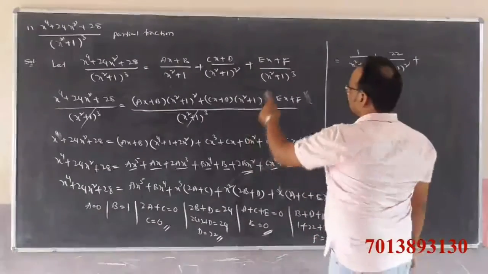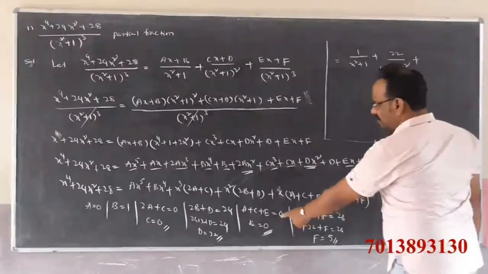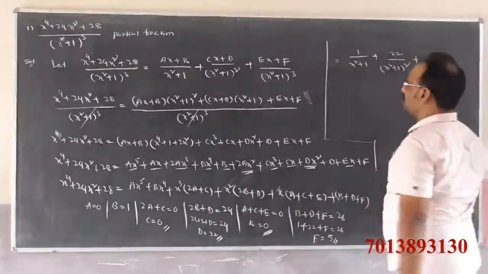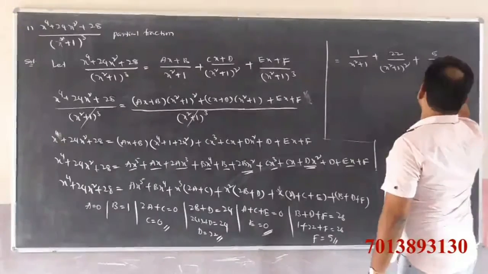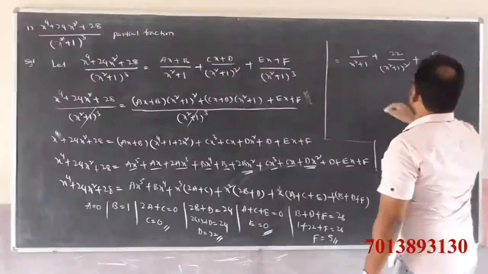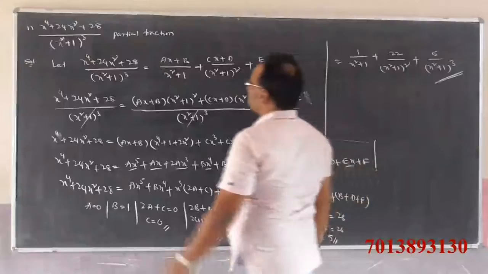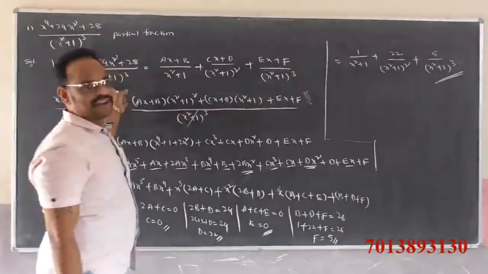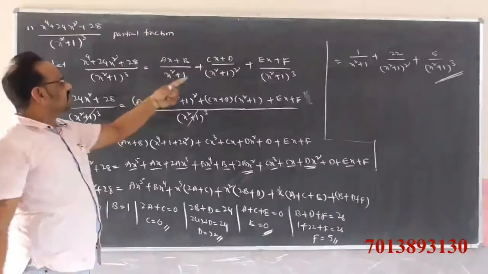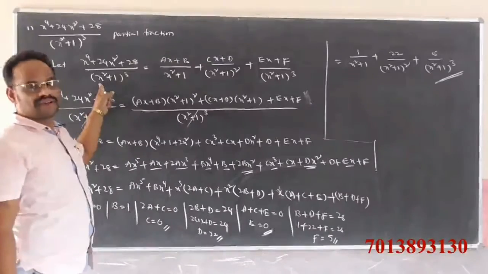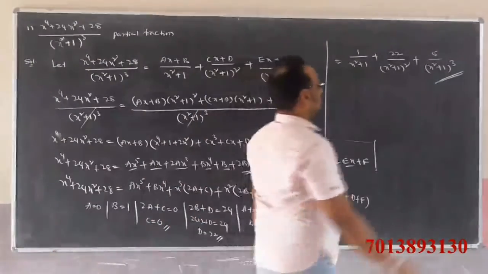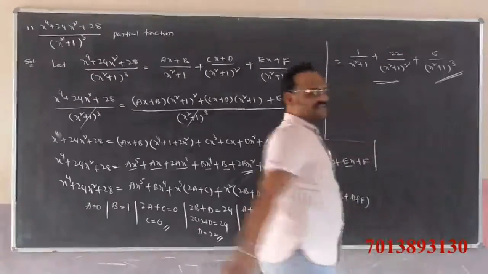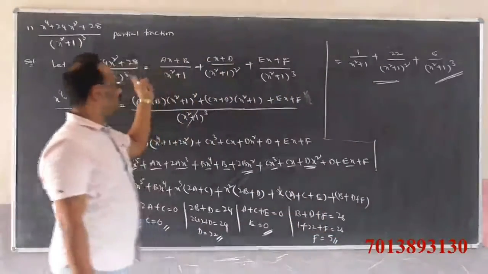E value 0, f value 5, so we get 5 by x square plus 1. These are the partial fractions of the given proper fraction.